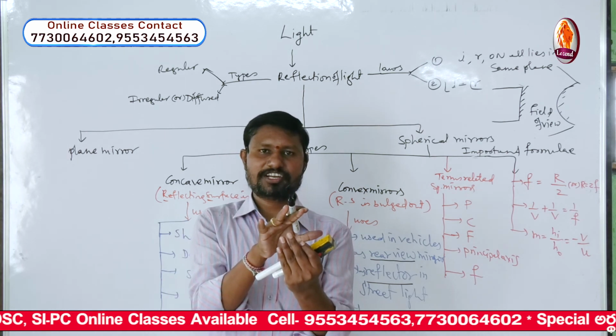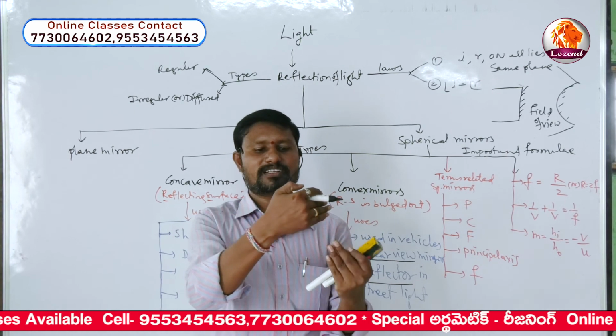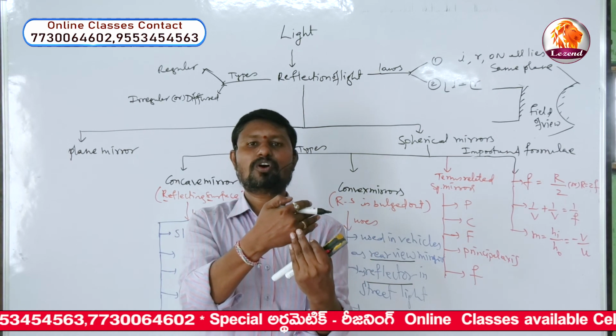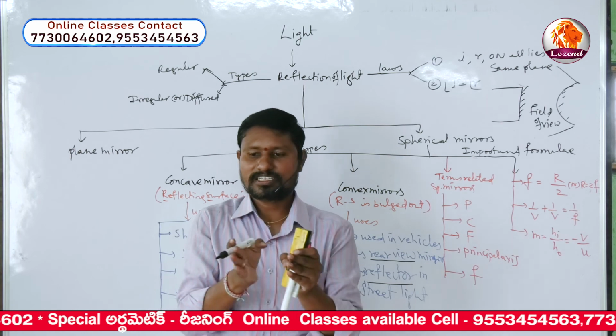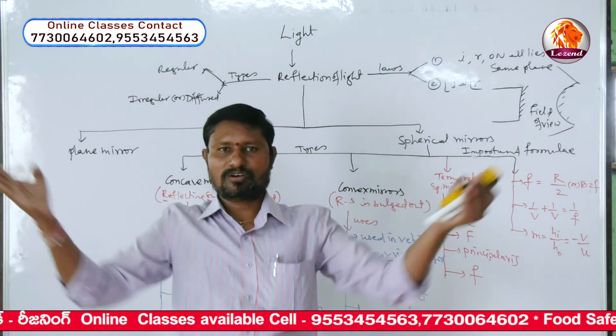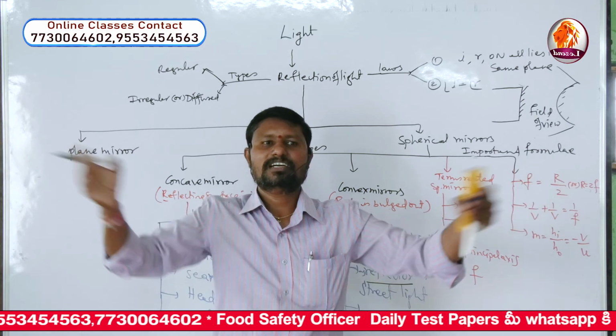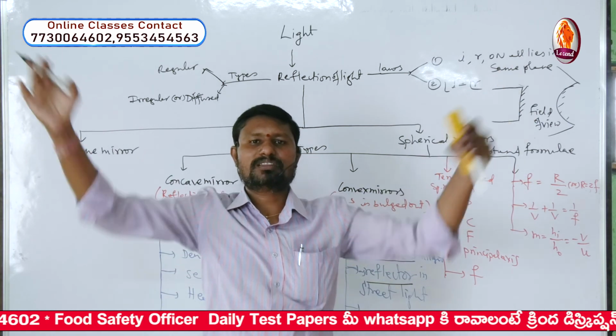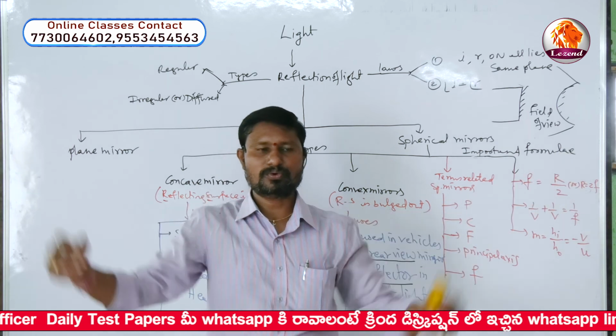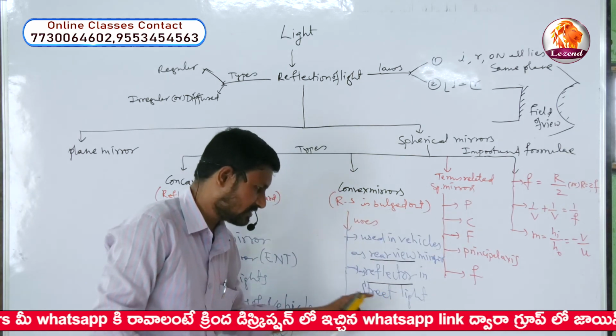In the dome of the street lights, the reflecting surfaces use a convex mirror, so that it diverges the beam of light. The convex mirror acts as a diverging mirror, and it reflects the light to a farther distance and more field of view. That is why it is used as a reflector in street lights.